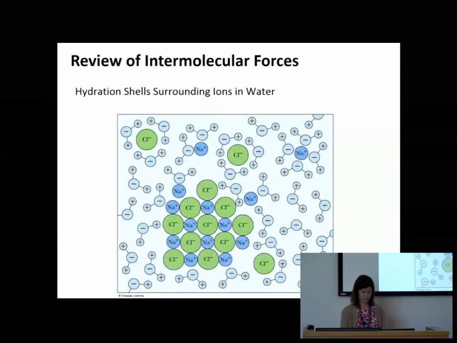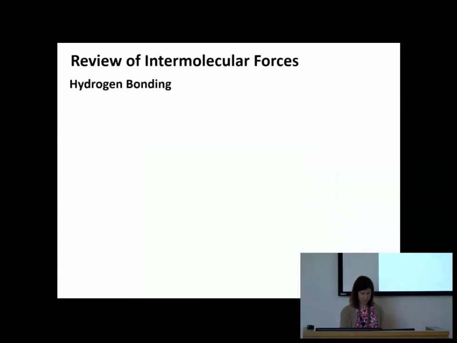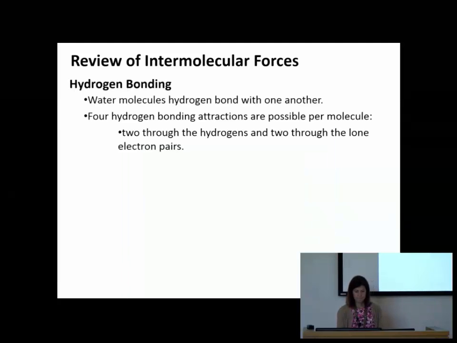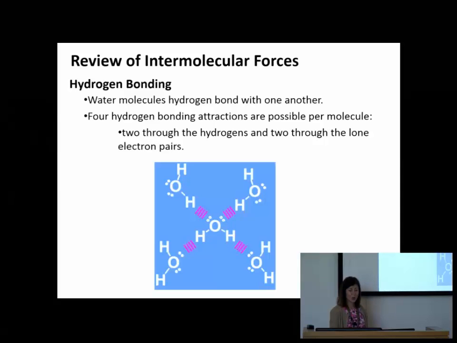Okay. Weaker than this interaction is our hydrogen bonding. And one thing that makes water so incredibly different than similar molecules, even other molecules that can hydrogen bond, is that we have 4 possible hydrogen bonds per molecule.